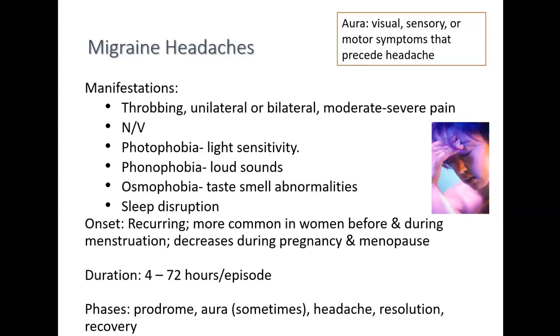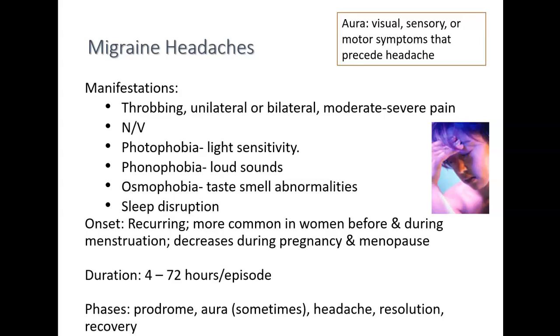So you may get flashing lights or little sparks that you see. You might get clouded or partial vision on one side. So the aura usually tells you that a headache's coming.